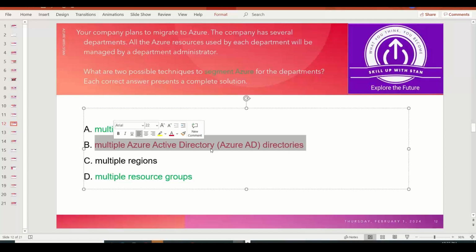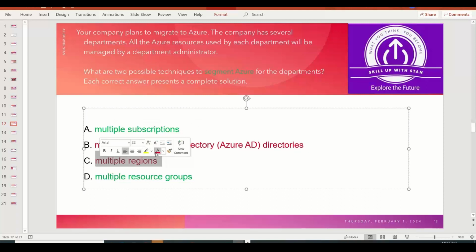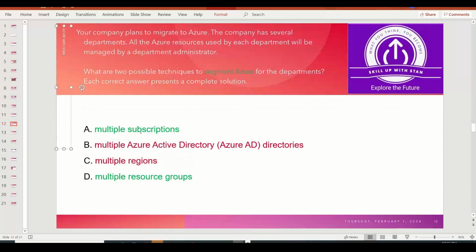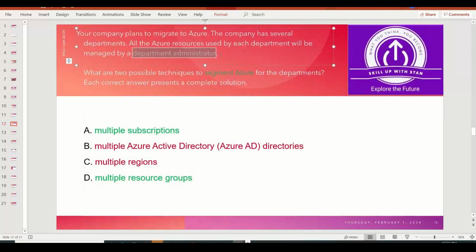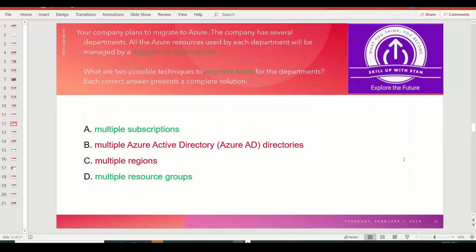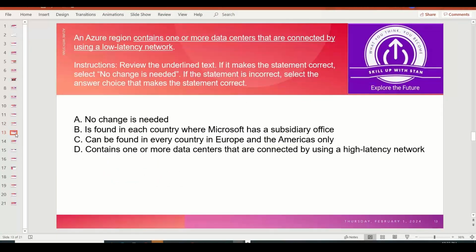And multiple regions is mainly for high availability of your applications, or if you want to replicate your contents across different geographical locations. It is not for segmenting or grouping your resources, so this is also not the right answer. So you can segregate them using different subscriptions or different resource groups, so that you can give permission to the specific department administrator who is responsible for managing that department's resources.